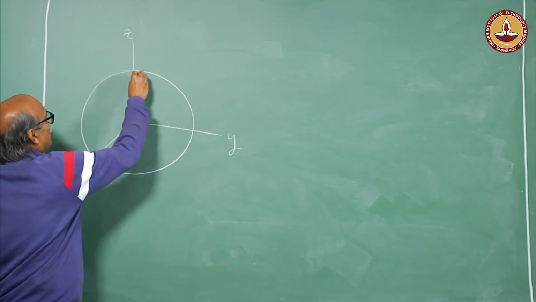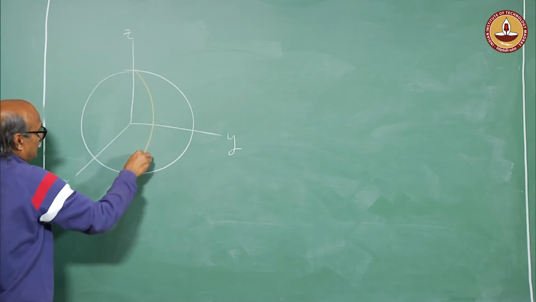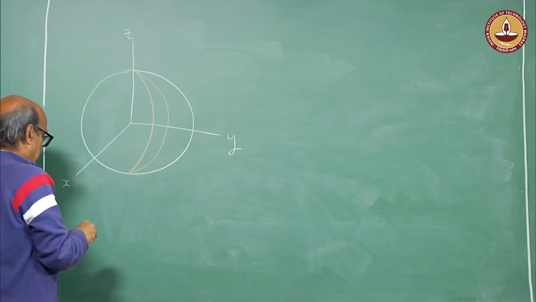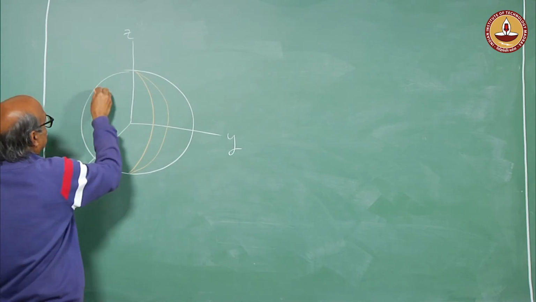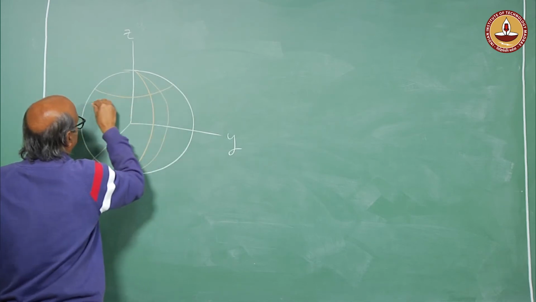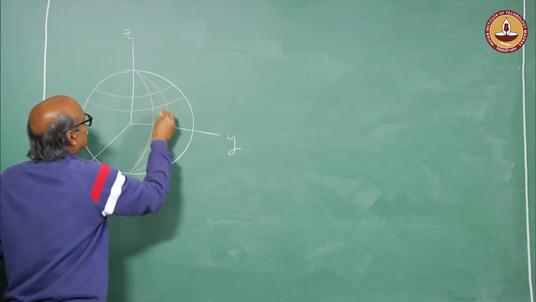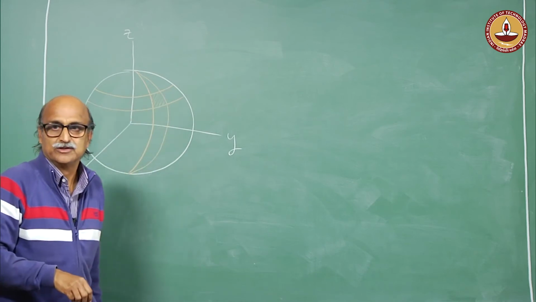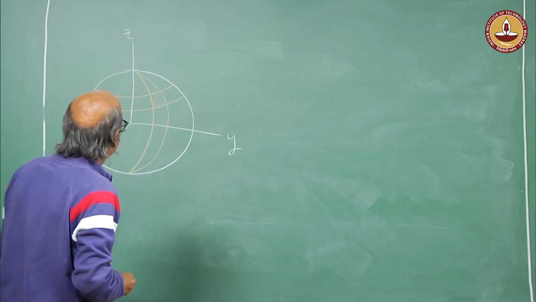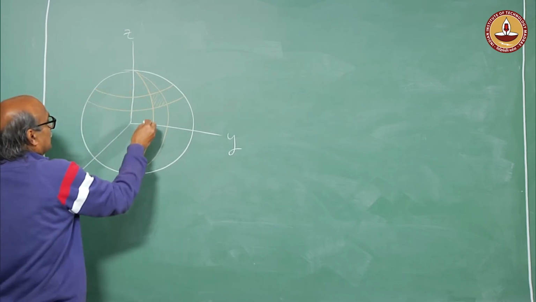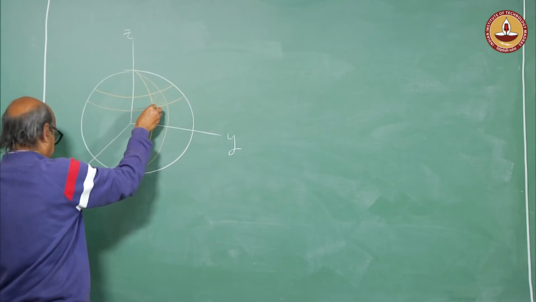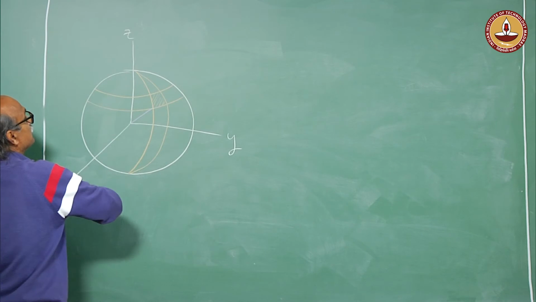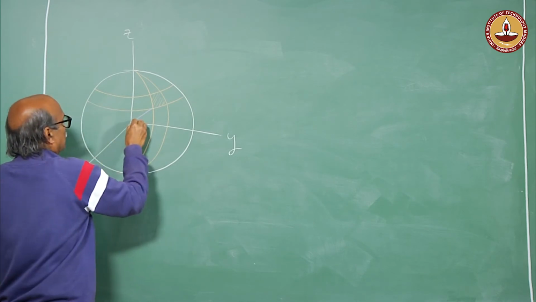So, let us take a pair of longitudes and a pair of latitudes. So, this will define one small element on the spherical surface. And let us define this point now.